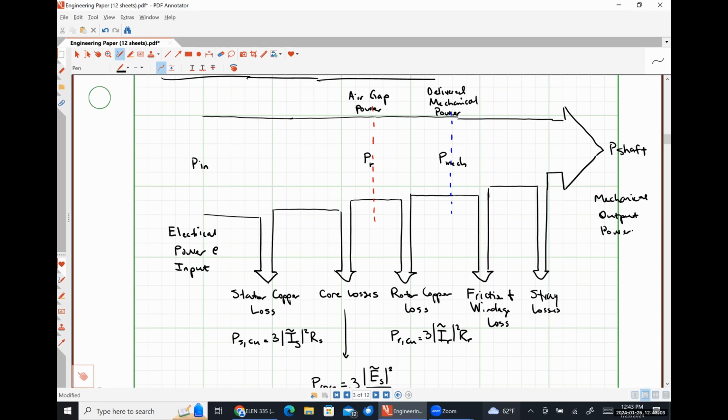So this is what the energy conversion looks like in an induction motor, where we're taking into account literally every source of loss that we can think of to explain why the mechanical power at the output of our device is less than the electrical power that was input to it. Okay.